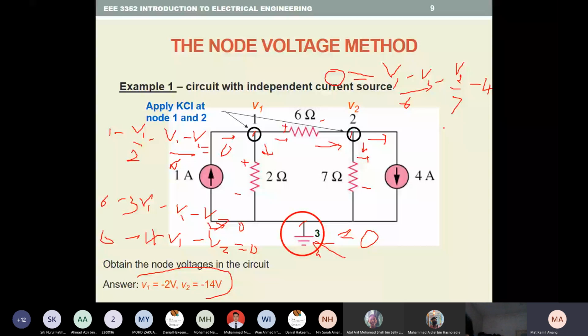So berapa? 168. So 7 V1 minus 13 V2 minus 168 equal to 0. So you need to solve those two simultaneous equations.